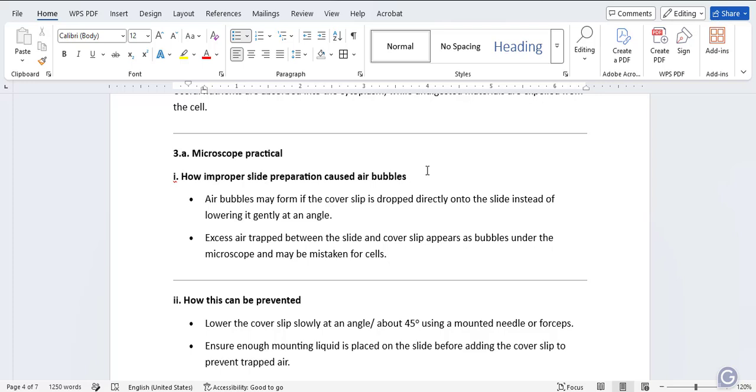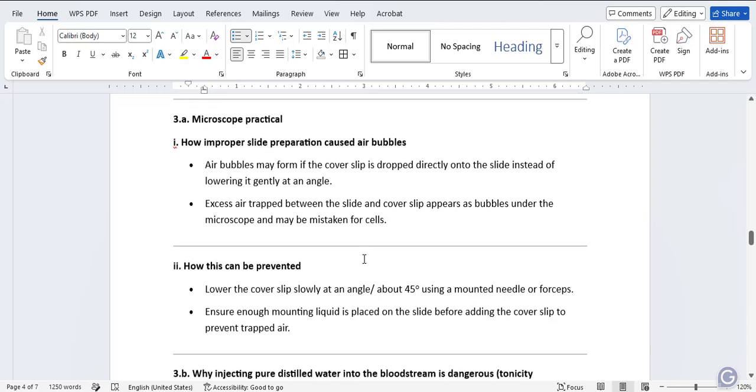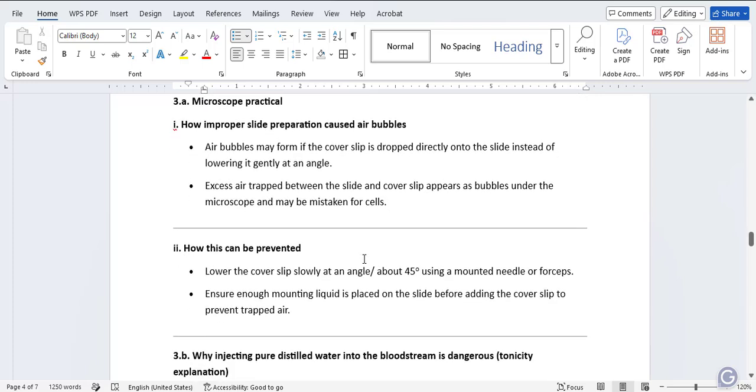Good. Then, how can we prevent this? To prevent this, lower the cover slip slowly at an angle, about 45 degrees, using a mounted needle or forceps. Then ensure enough mounting liquid is placed on the slide before adding the cover slip to prevent trapped air.